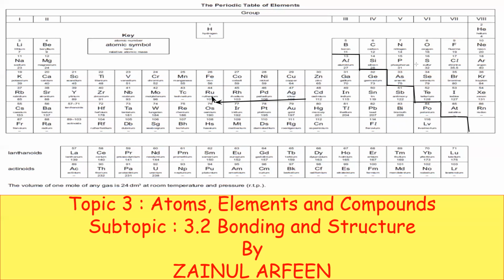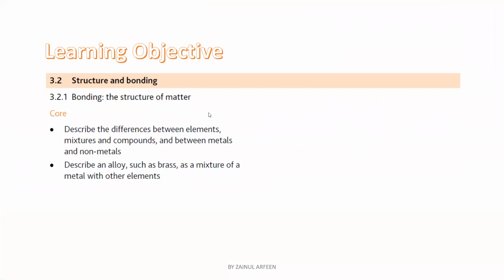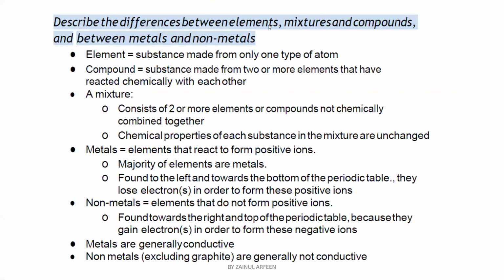On the right hand side, we have non-metals. And in between them are boron, silicon, germanium, arsenic, antimony; these are the elements known as metalloids. And you have to learn the properties of metals and non-metals.